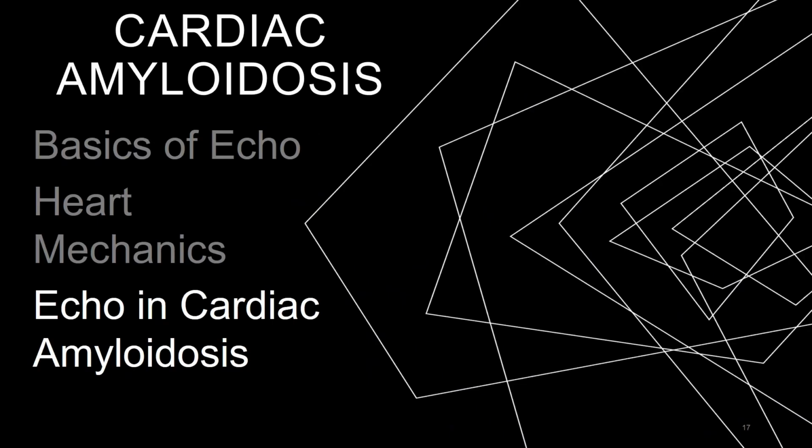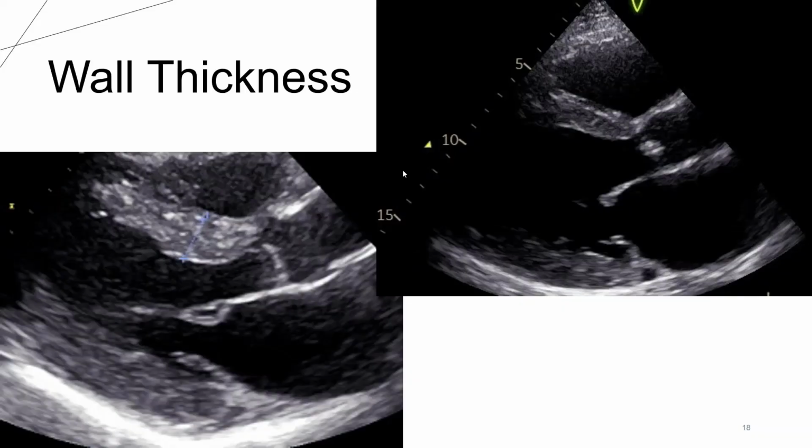Now, I've talked a lot about what we don't measure as effectively and as frequently in cardiac amyloidosis, and that is ejection fraction. So now I want to talk a little bit about what we do measure and some of the particular measures that are really particular to cardiac amyloidosis. First, of course, as I've already said, is wall thickness. We measure how thick the wall is. In this case, this blue line tells me that this wall is 16 or 17 millimeters.